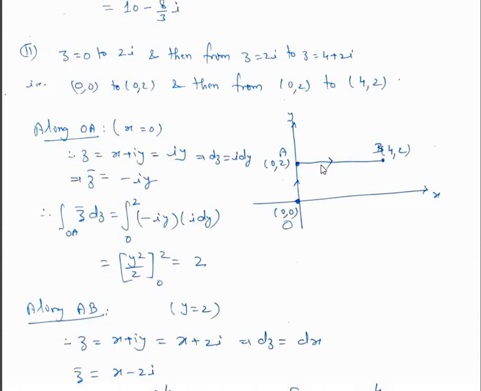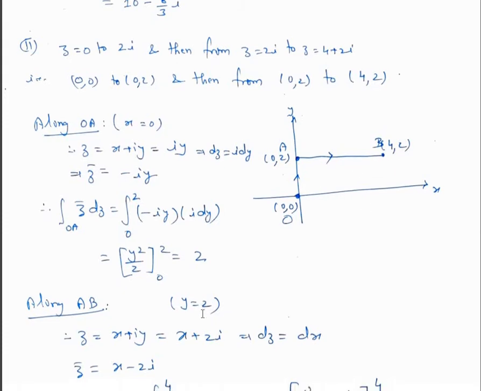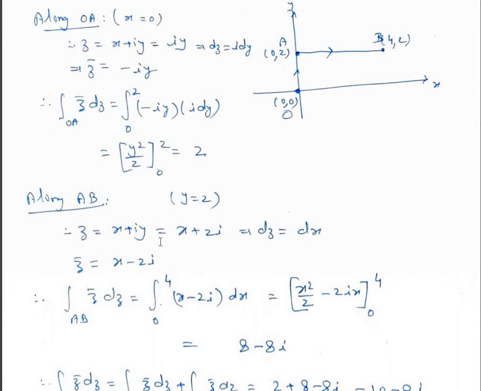And now let's go along AB. Along AB, the y coordinate is constant, which is equal to 2. So z is equal to x plus iy, which is equal to x plus 2i. That means dz is equal to dx, and z bar is x minus 2i.